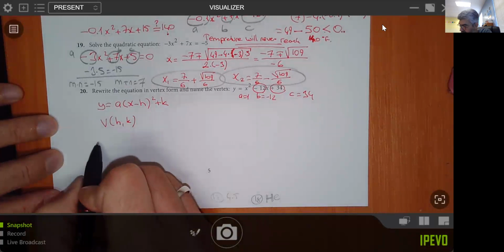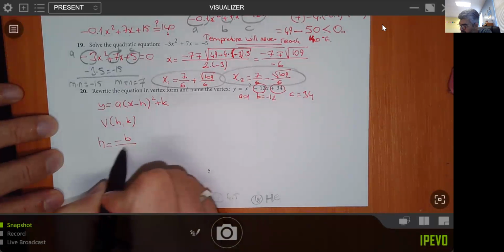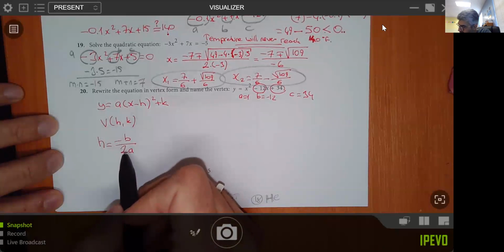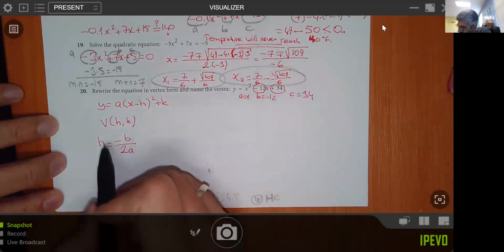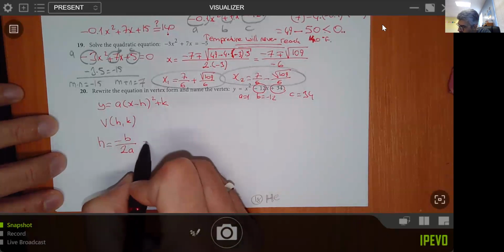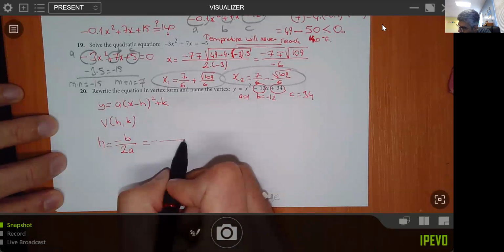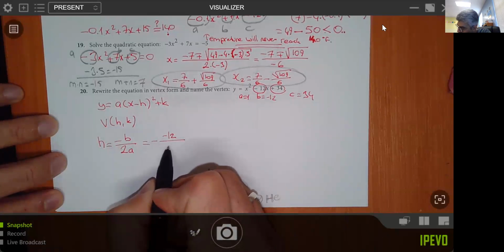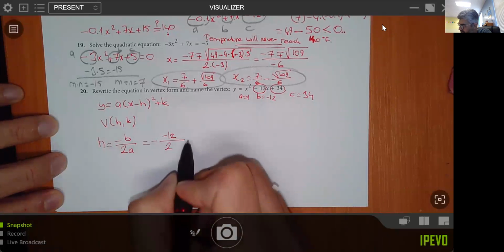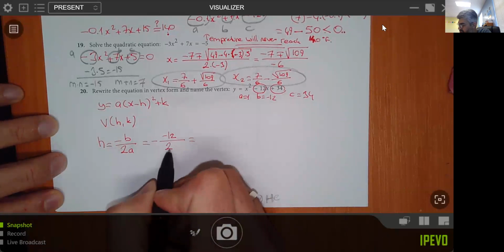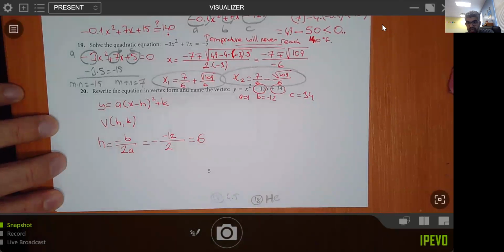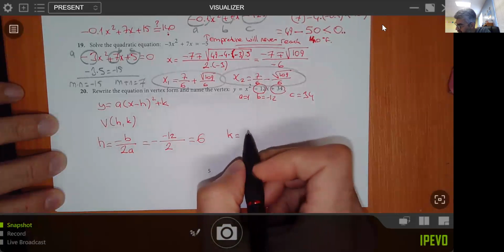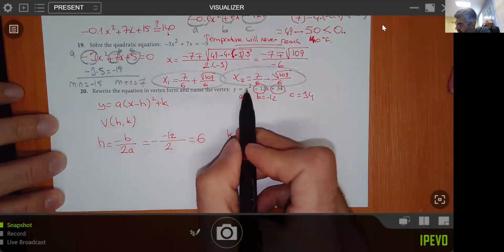And how do I find h? It's minus b over 2a. You remember? So I need to use this to find the x-coordinate of the vertex. So b is negative 12, so negative b is 12, over 2a. 2 times a is 2. So it is 12 over 2, which is 6. If h is 6, how do I find k? Remember, I just plug this value into the given function.